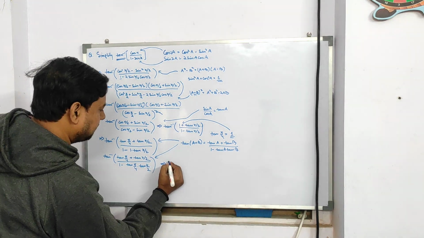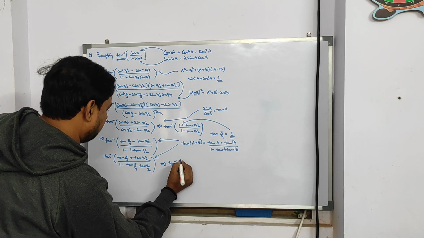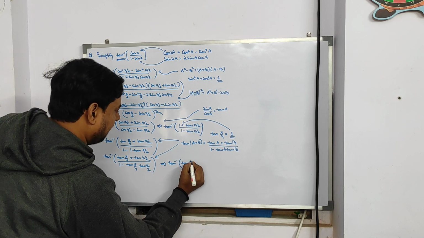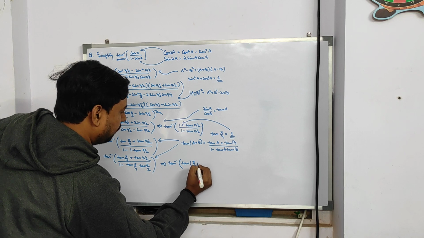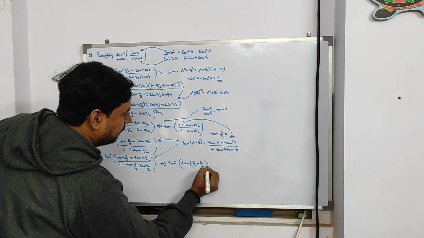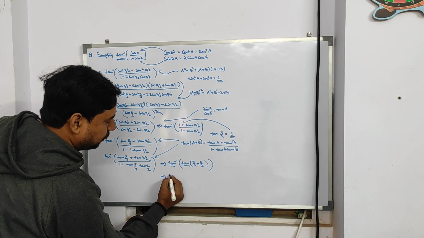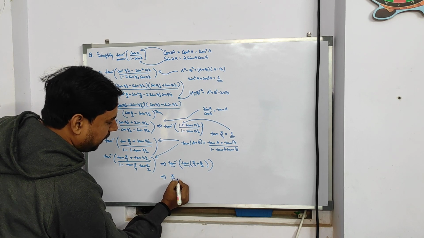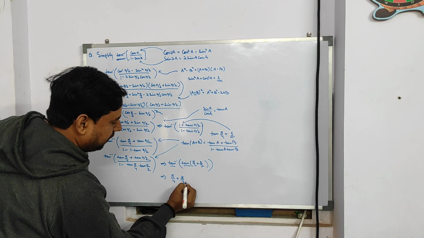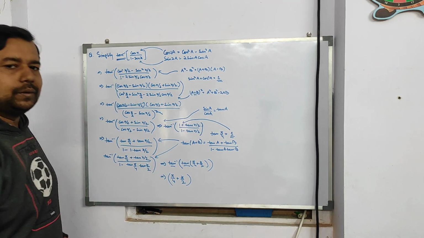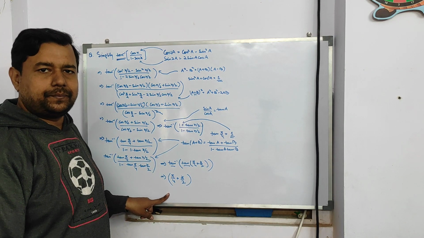So we can simplify this as tan inverse of tan of pi by 4 plus x by 2. So now tan inverse tan cancels, only the angle will remain, pi by 4 plus x by 2. So this is the simplified form.